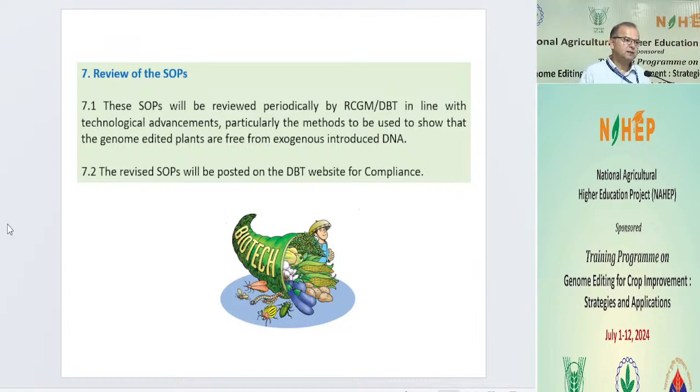It is very essential to prove that your material is free from exogenous DNA, because based on that only is the exemption being given. So, one has to be very, very particular and flawless in proving that the material does not have any exogenous DNA, and if there is any revision in the SOP, it will be posted on the DBT website for information and compliance by the entire country.